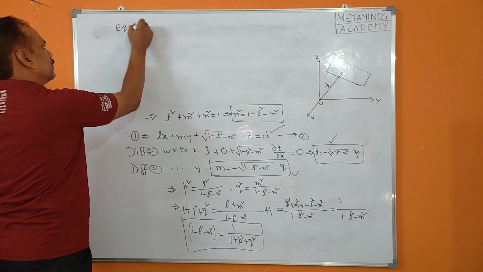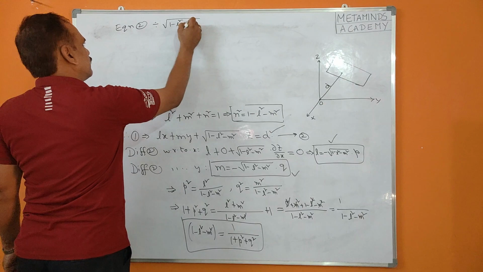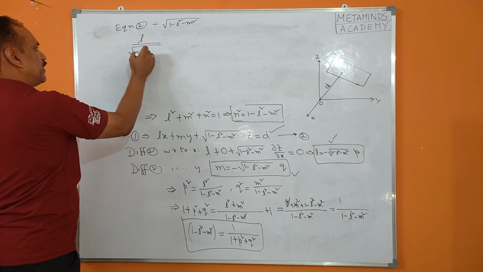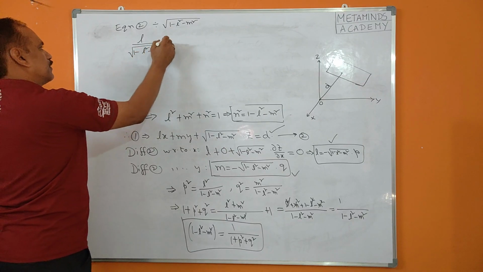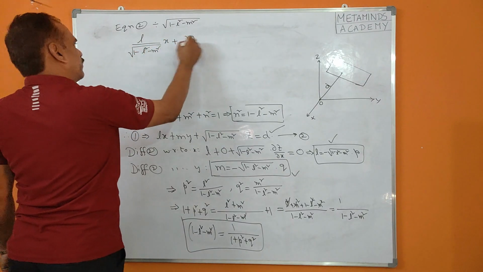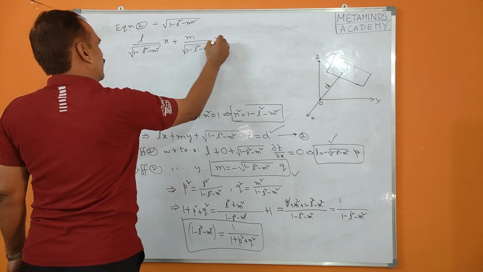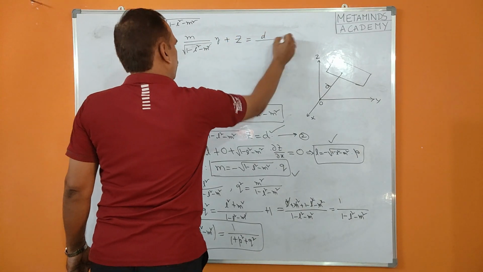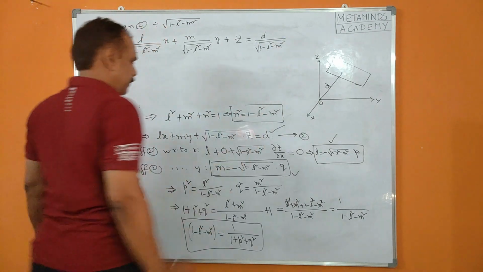What happens? L by root 1 minus L square minus M square into x, plus M by root 1 minus L square minus M square into y, plus z equal to d by root 1 minus L square minus M square.